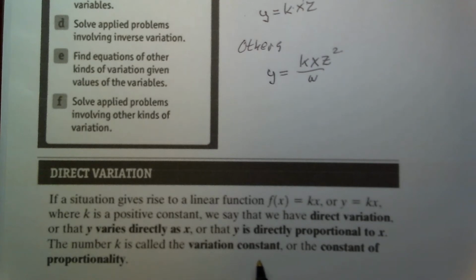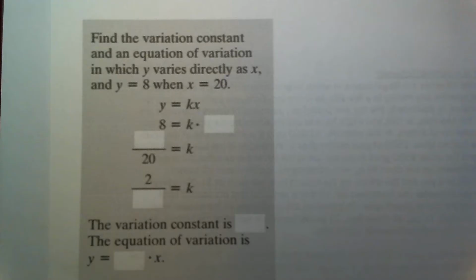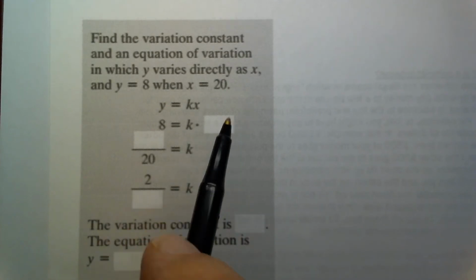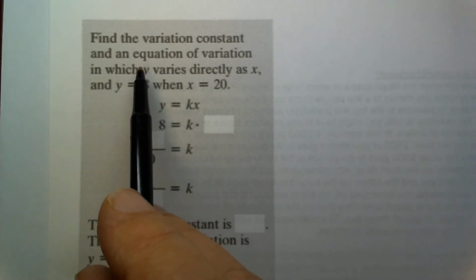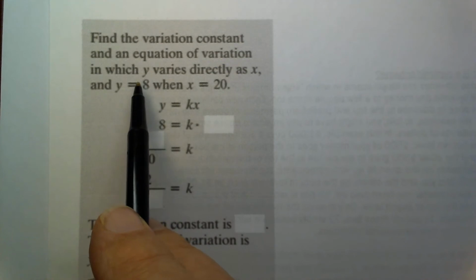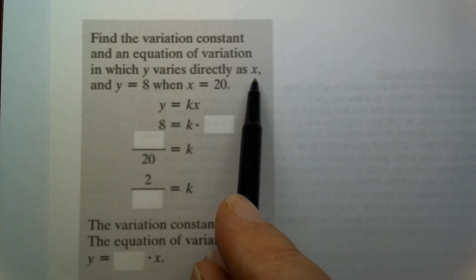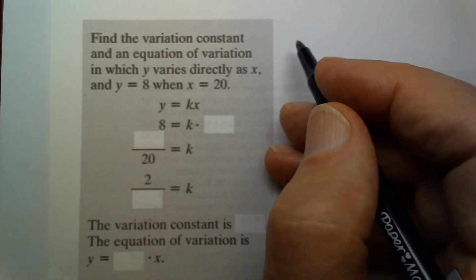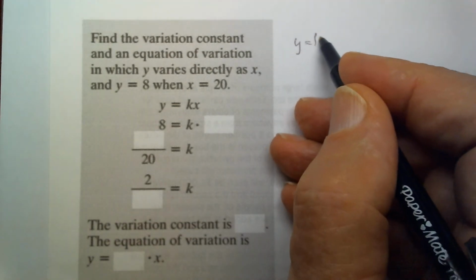So these terms are used interchangeably. Again, it's just definitions here right now. We haven't done anything yet. As you will see, variation problems are pretty straightforward. For example, find the variation constant and the equation of variation in which y varies directly as x. So in other words, we're looking for an expression y equals k times x.